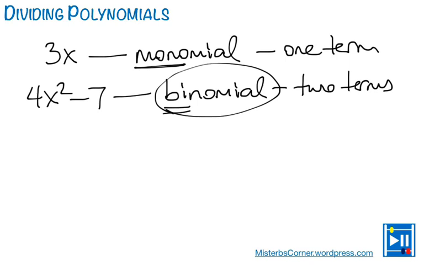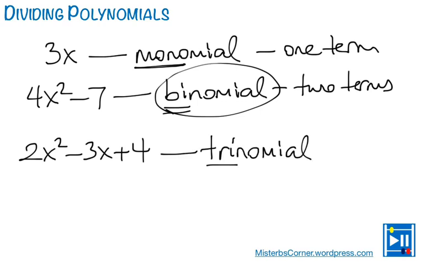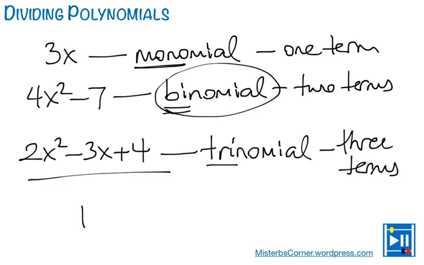And then if we have 2x squared minus 3x plus 4, for example, this is called a trinomial with 3 terms. And as always, human beings get bored after 3, so the rest is called polynomials, because after 3 is many terms. So these are polynomials with positive integer powers.